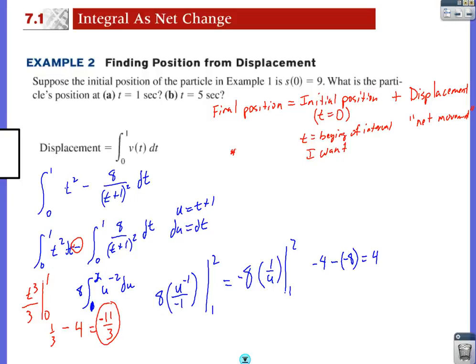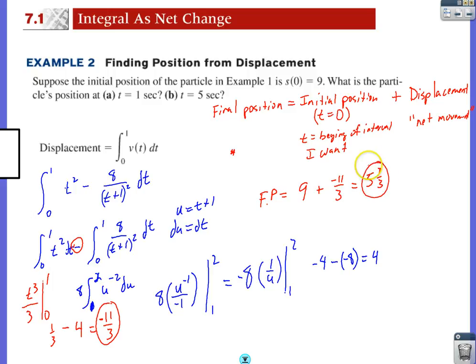All right, well, my final position, I'll call it FP, is equal to my initial position, which I said was 9, plus a negative 11 thirds. I add that together, and what do I get? It's 3, 6, 5, and 2 and 1/3.